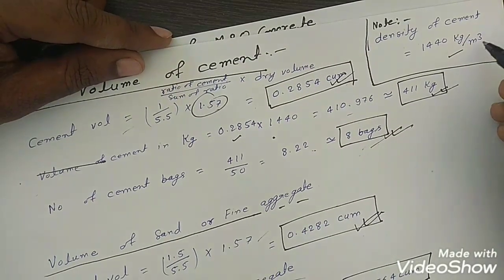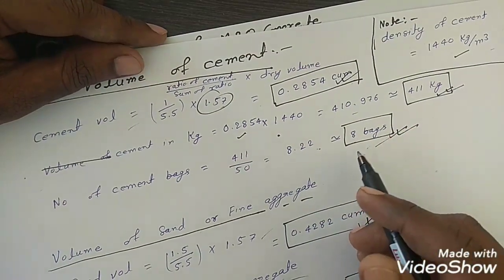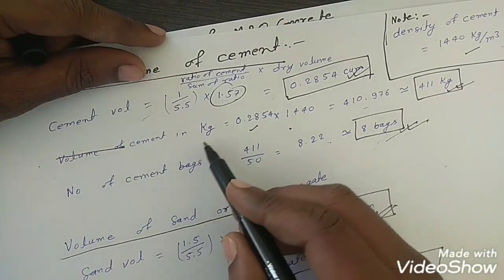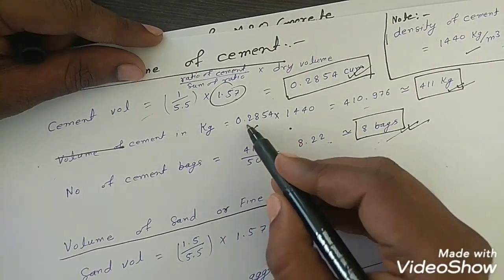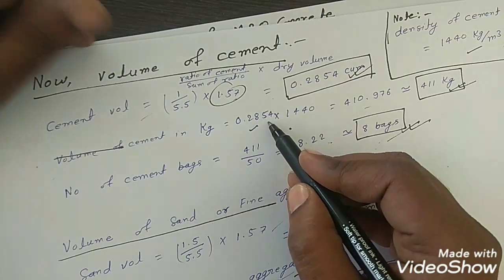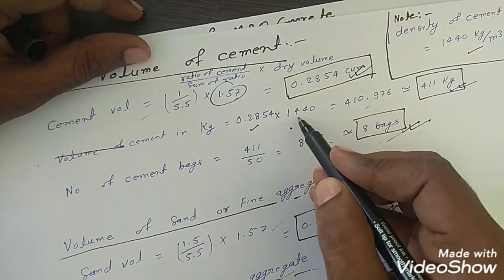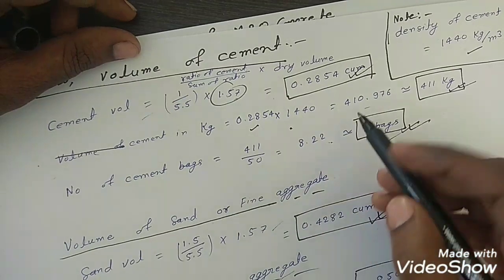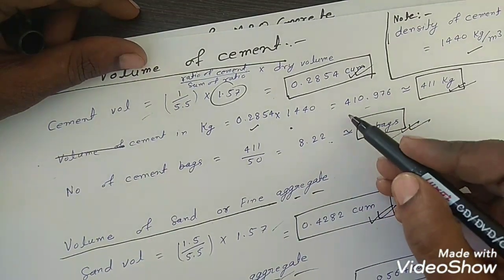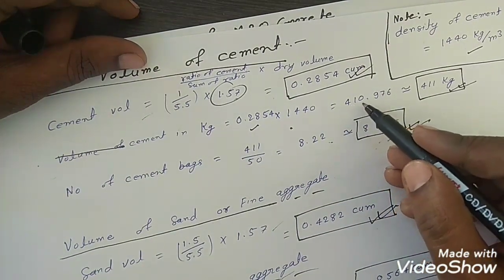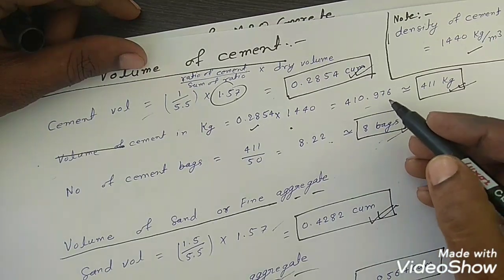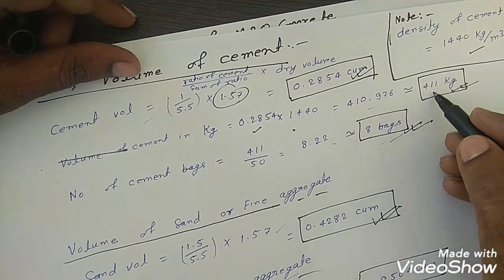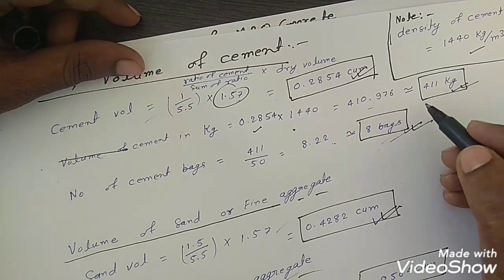So we will multiply it by the volume. So 0.2854 multiplied by 1440 is equal to 410.976, which is around 411 kg.